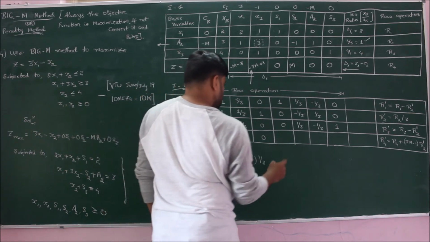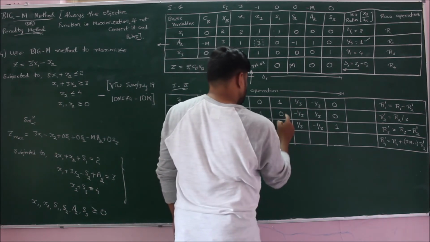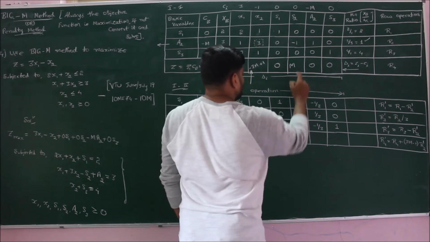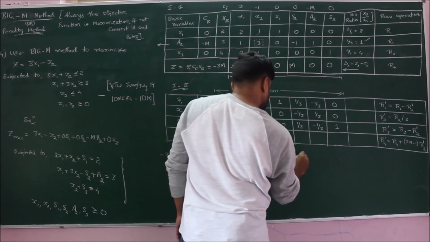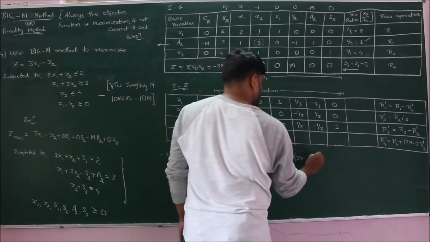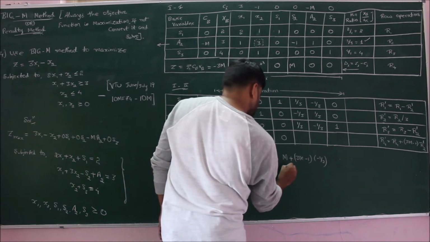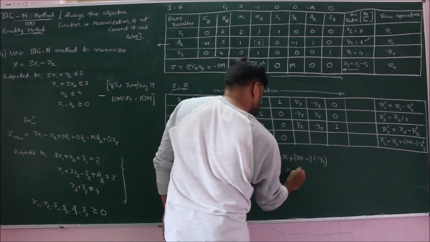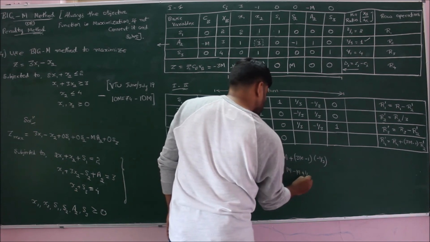Next we have 0. Coming over here, already we have 0, here also 0, it will become 0. Coming over here, we have m plus 3m minus 1 of minus 1 by 3. So we'll get the value as m minus m, minus of minus is plus 1 by 3.